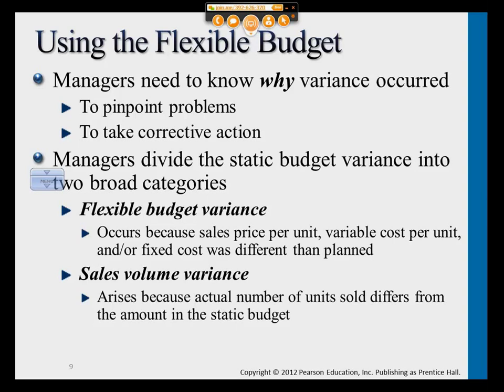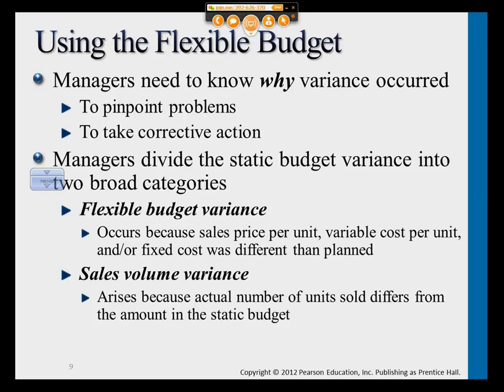So managers will divide the static budget variances into two main categories. There are going to be flexible budget variances and the sales volume variances. The main cause of flexible budget variances is the sales price per unit, the variable cost per unit, and fixed cost that are in some way different than what we planned.